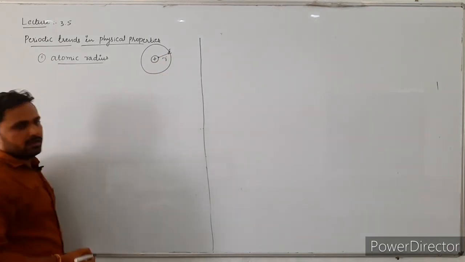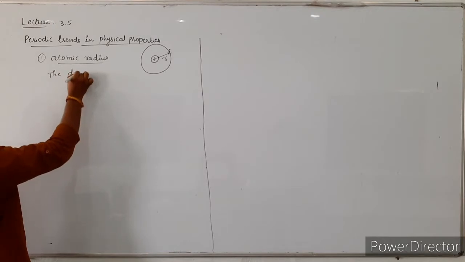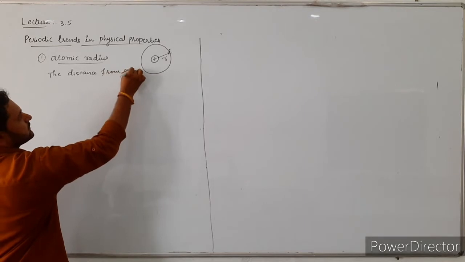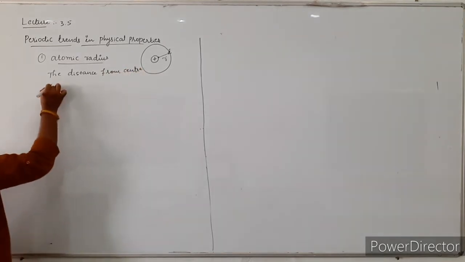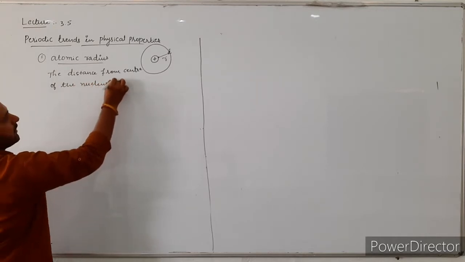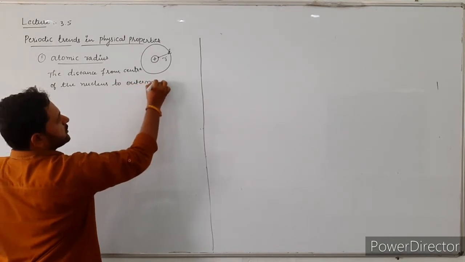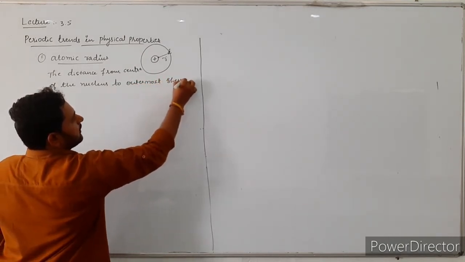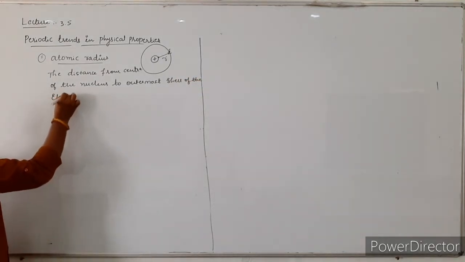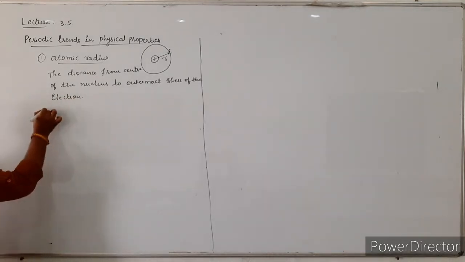The distance from the center of the nucleus to the outermost shell of the electron is called atomic radius.